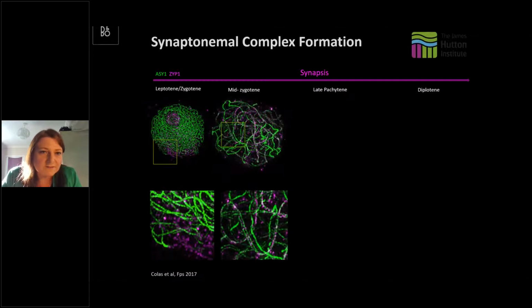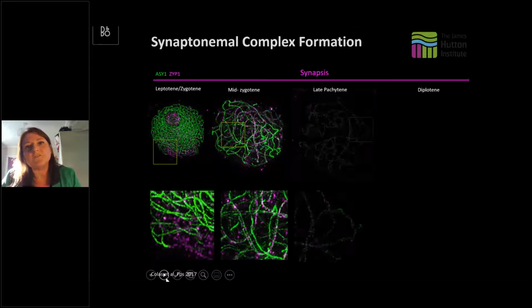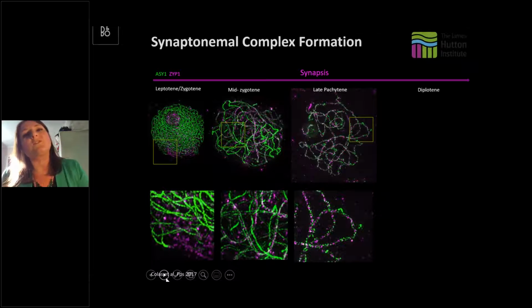Now, if I move to mid-zygotene, you can see that the chromosome is halfway paired. So again, you have 2 homologs aligned along each other with the ZYP1 in the middle, and this one is completely unpaired yet. Now, if you move to pachytene, the process of synapsis is complete. And not only is it complete, the chromosomes start to twist around each other, so we can compact further for the next step.